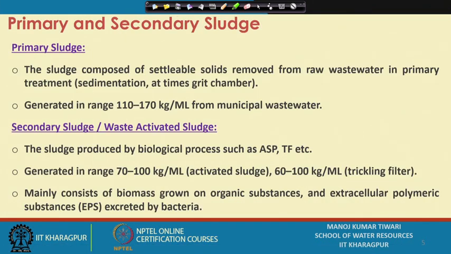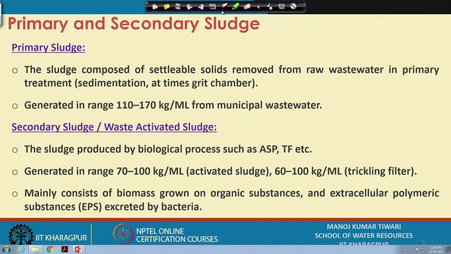Now, if we see the primary and secondary sludge, primary sludge is typically composed of the settleable solids which are removed from raw wastewater in the primary treatment facilities. Generally this is the sedimentation, and at times the grit chamber is also considered, but the grits are mostly inert material, so they are not normally processed with the sedimentation sludge or primary sludge.